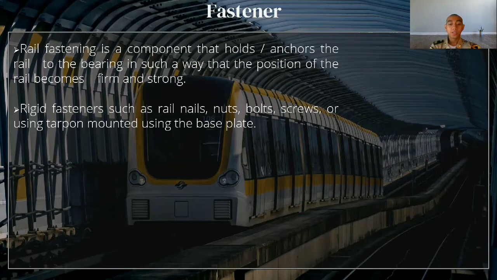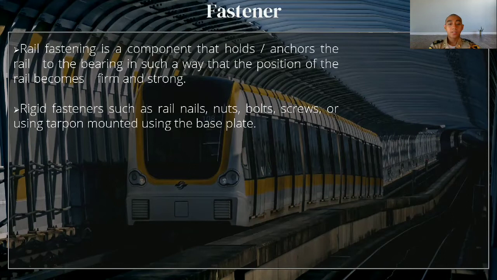The type of fastening used depends on the type of bearing and the type of rail rod used. There are two types of rail fasteners, namely rigid fastener and elastic fastener.